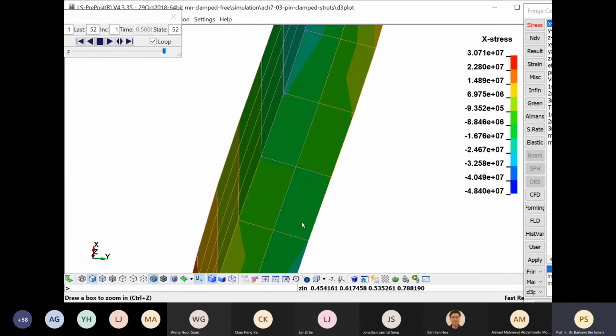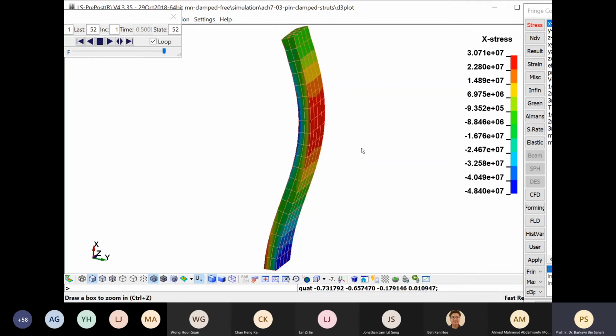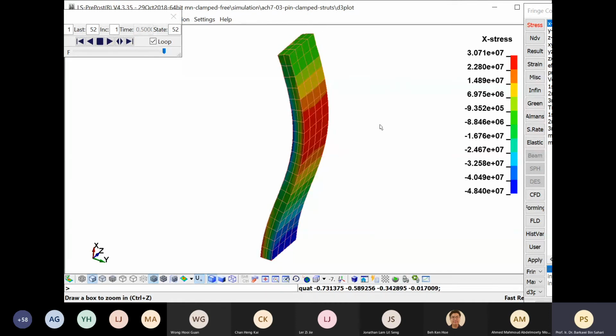So that's the effective length from the definition. It's important to understand the behavior of this beam column under that particular load, and then check back against the definition of effective length.